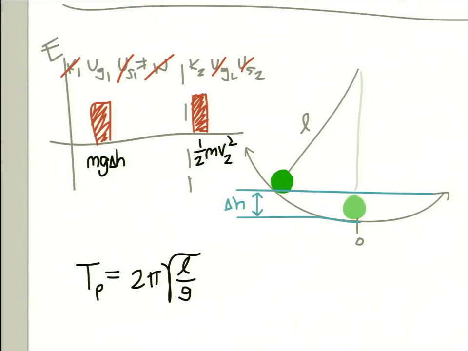And g, near Earth's surface, you can think of as a constant, but you could go to another planet, or to the moon, where this quantity is smaller, so I'd be dividing by a smaller number. The period then gets larger, and that should make sense.